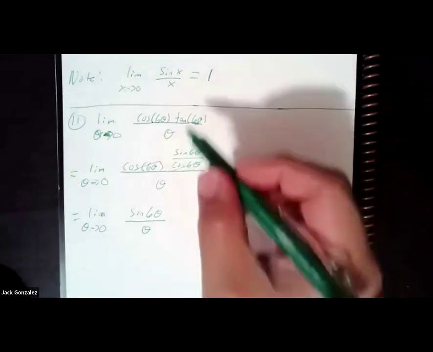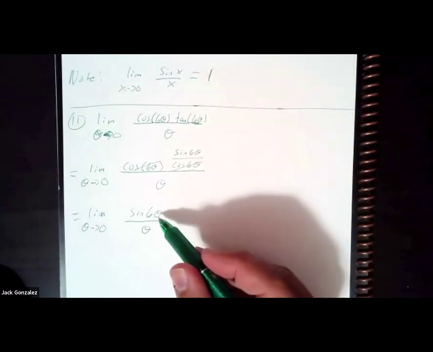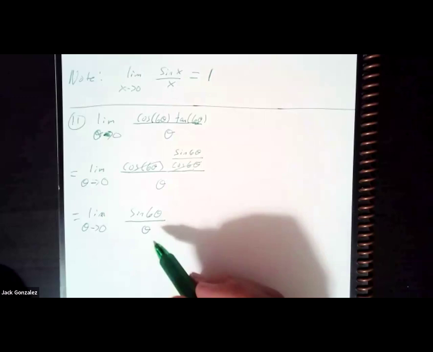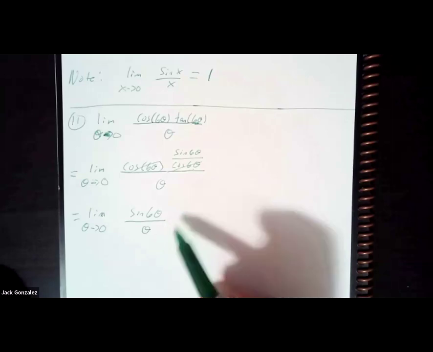My argument x is technically a 6 theta right now. On the bottom, I do not have a 6 theta. So I need a 6. So you'll need to introduce the 6 using algebra and then use your formula.